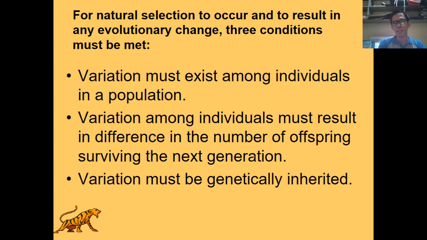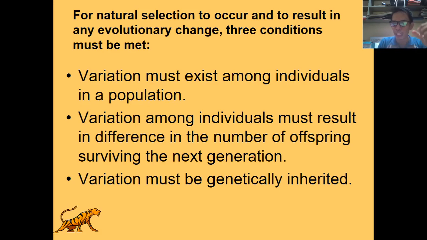All right. Then the third one is variation must be genetically inherited. So meaning to say that this variation is inherited through the next offspring, or to the next generation.